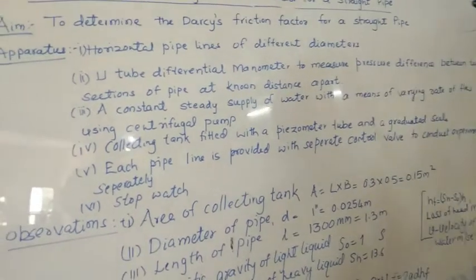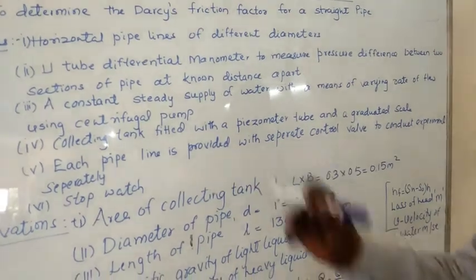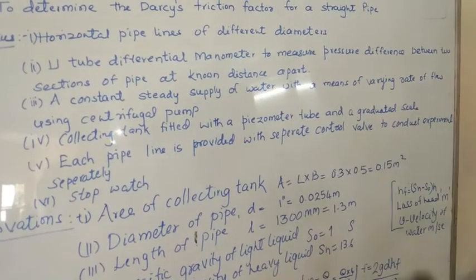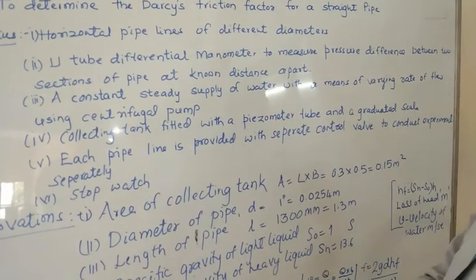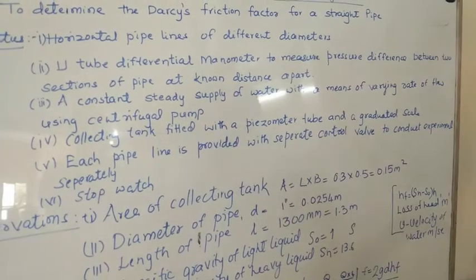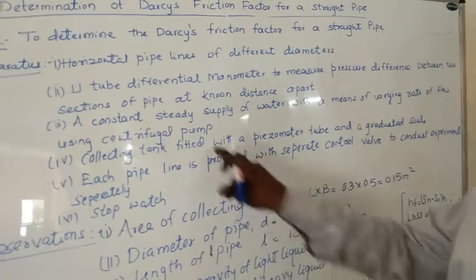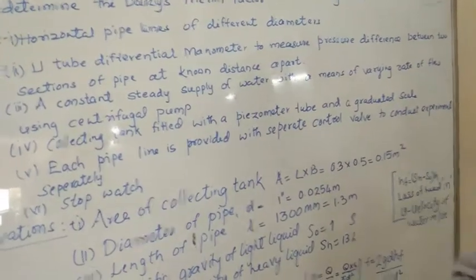The experimental setup consists of a centrifugal pump to lift the water and allow the water to flow through the different types of pipes. The next one is a collecting tank fitted with a piezometer in order to measure the actual discharge.